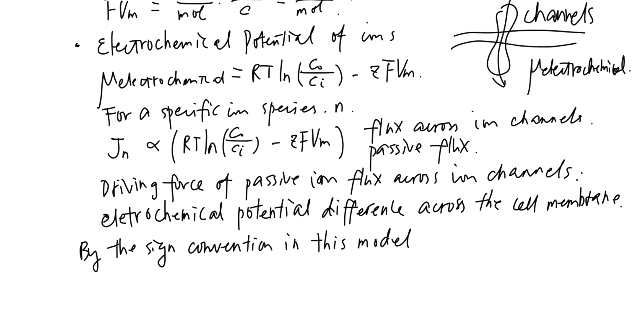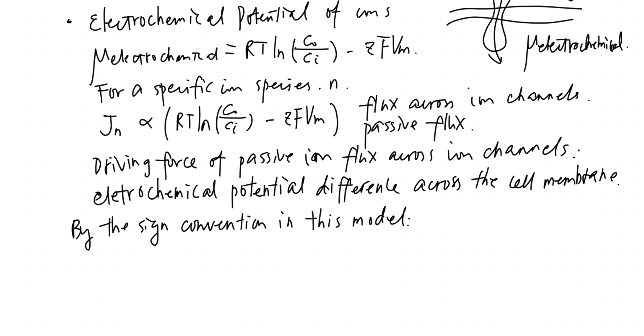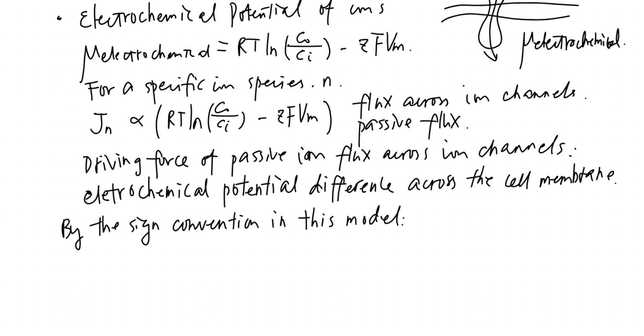Different people may use different sign conventions, and everyone is free to choose theirs. But in this model, if Jn is greater than 0, it means influx of ions, into the cell.